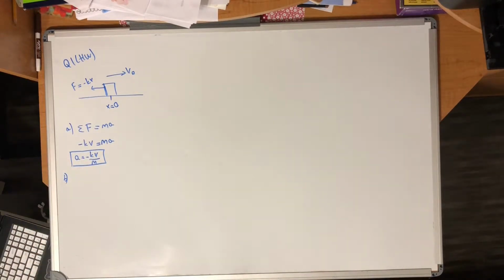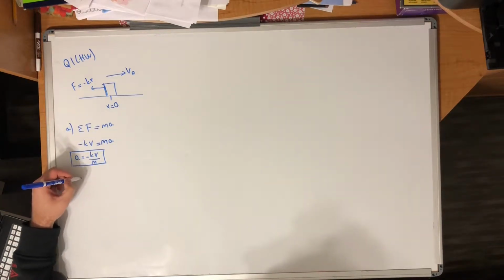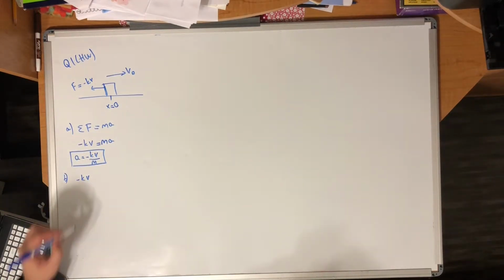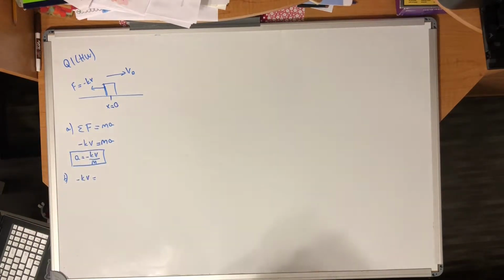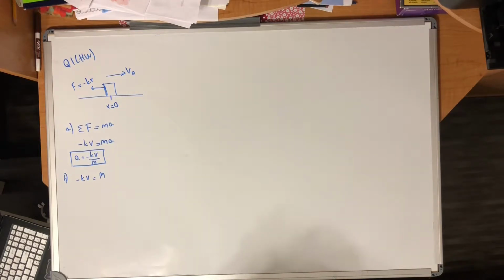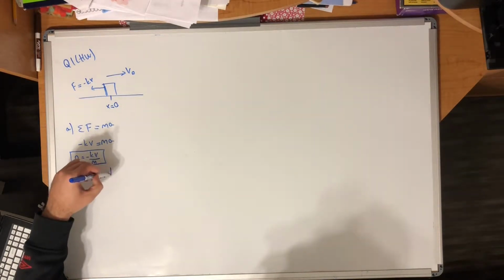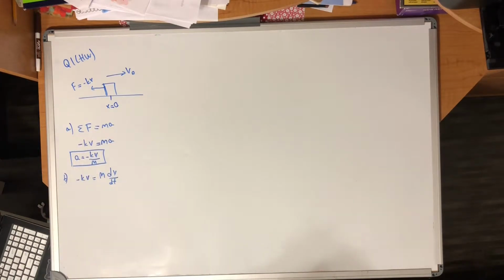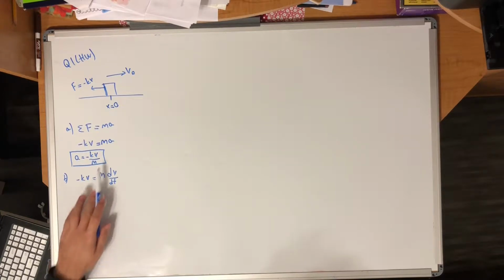And in part B, they are asking for velocity as a function of time, so now I need to write down my differential equation. My differential equation will be negative kV equals, because that's the only force, mass times acceleration.